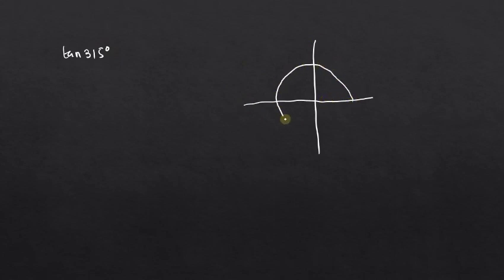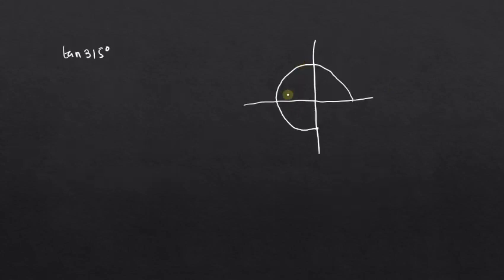Now I'll do one more example and then we'll move on to talking about another thing. Let's check tan 315 degrees. If you draw this, it will go from here. This is 270, then you draw another angle here.